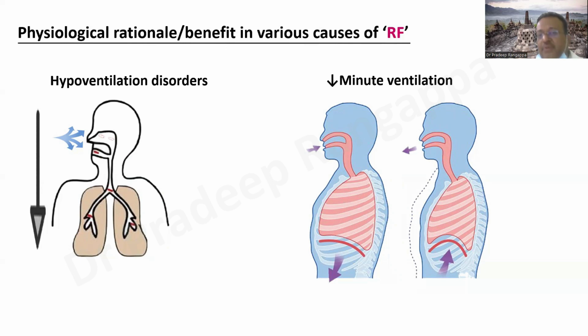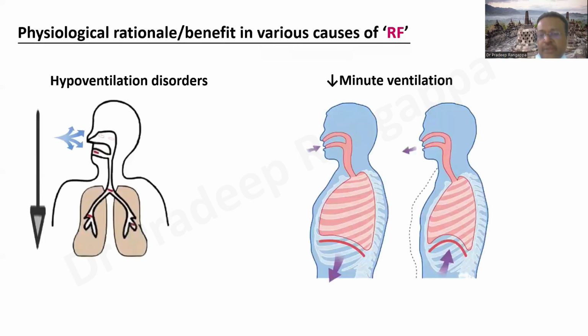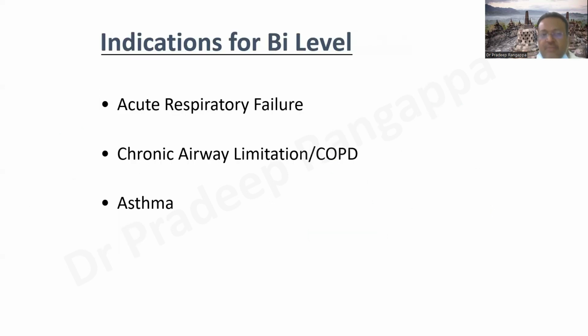There also it helps to improve minute ventilation. With NIV, it tends to improve the minute ventilation by accentuating the functioning of the respiratory muscles. So that is a quick overview of the physiological rationale as to how NIV helps and what are the pressures that it overcomes to improve oxygenation, is what we saw.